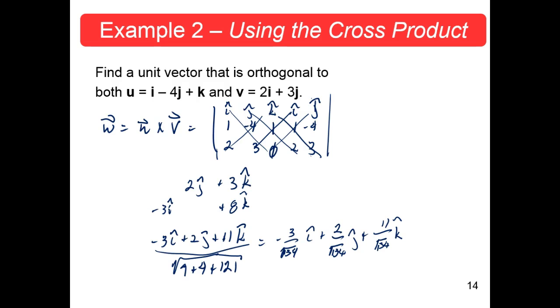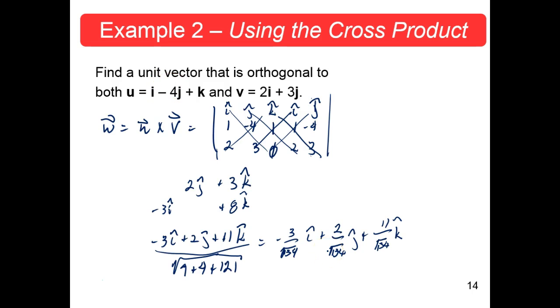Let me start over because I think I started crossing up what I was saying. The component here, 1 times negative 3 over root 134 is negative 3 over root 134.